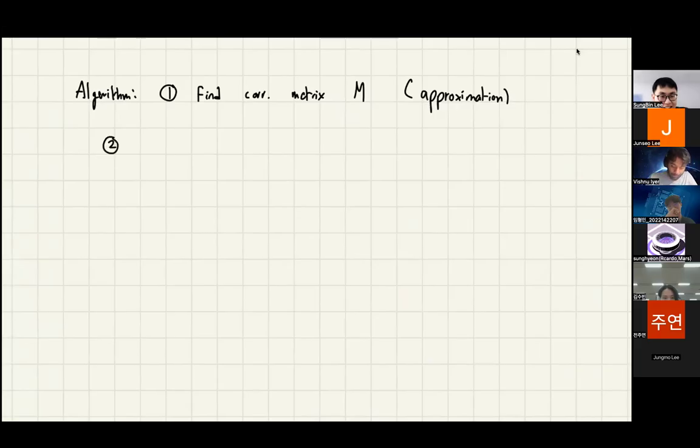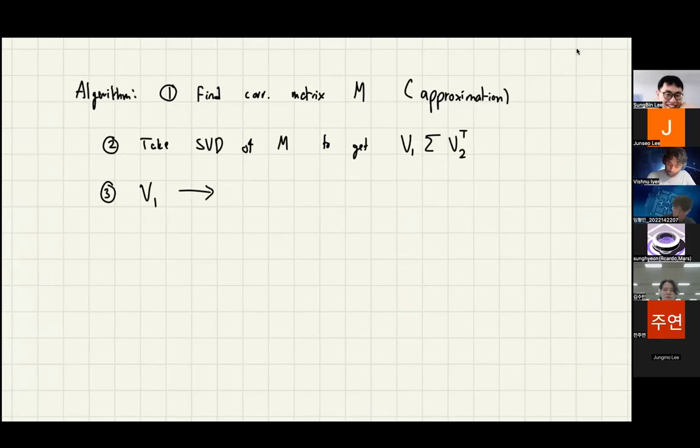So step 2 is to take the SVD of M to get V1 sigma V2 transpose. V1 goes to an FGU G1.